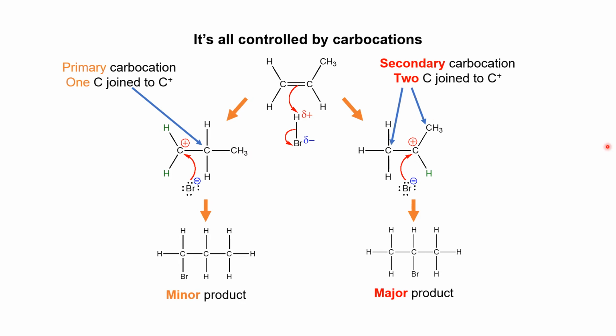On the other hand, if the hydrogen takes up the electrons and goes to carbon number 1, then carbon number 2 will become the carbocation, a secondary carbocation. This is a primary carbocation and this is a secondary carbocation. This leads to the formation of the major product.